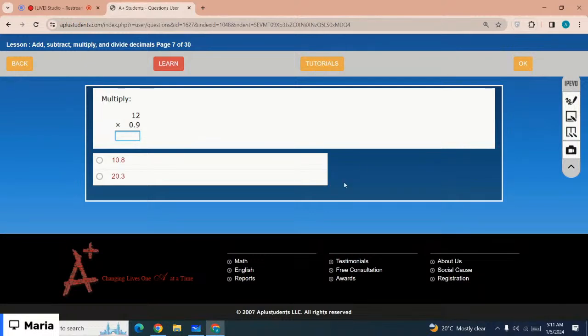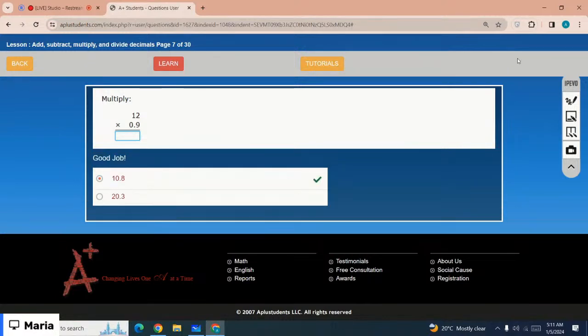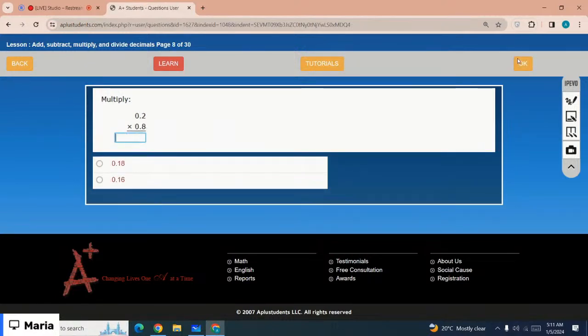Yes, very good. That is 10.8, option number 1 is the correct option. Very good. Okay, the next one is 0.2 times 0.8.